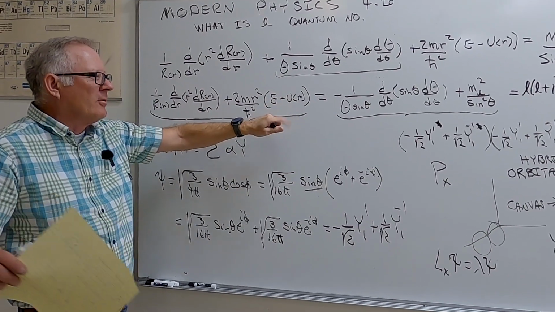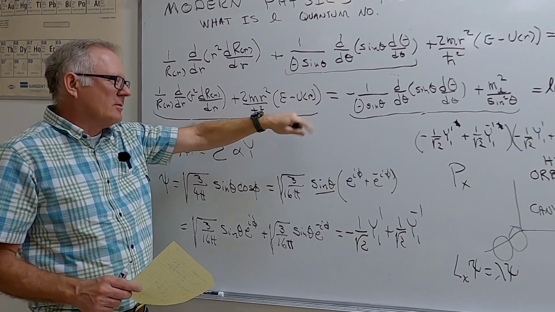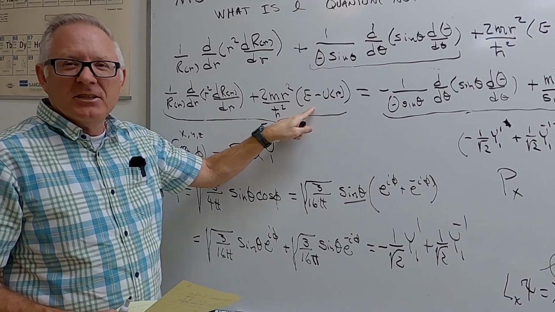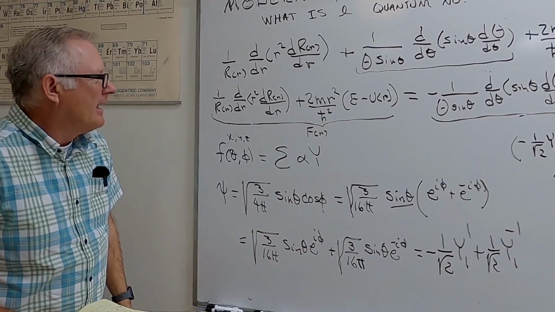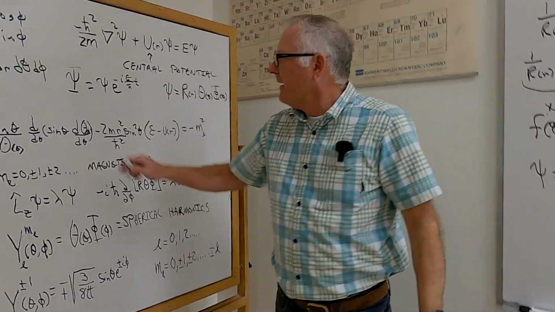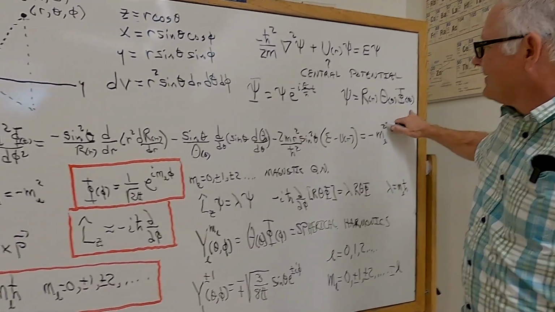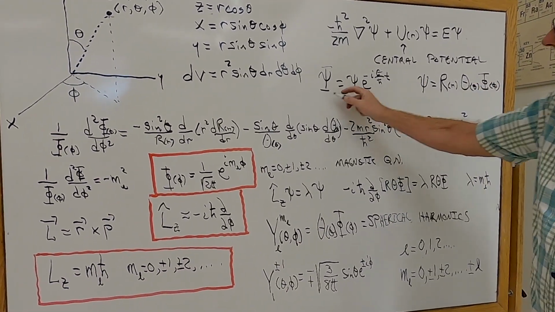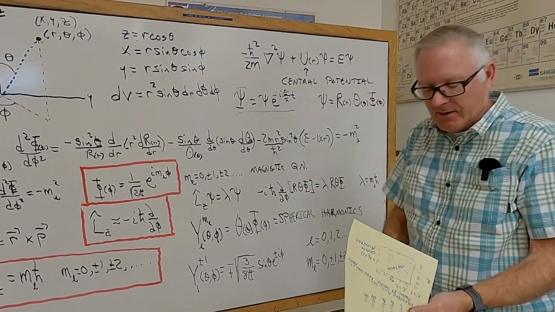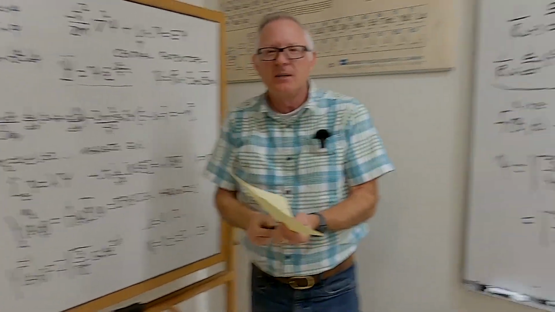Right now, we can do it for any central potential right here, but then we'll put it in, and hopefully we'll get the energies for the hydrogen atom and the full wave function. Remember, the full wave function is this, and then we can add that to it. We can get actually the entire wave function for the electron in the hydrogen atom. Okay.